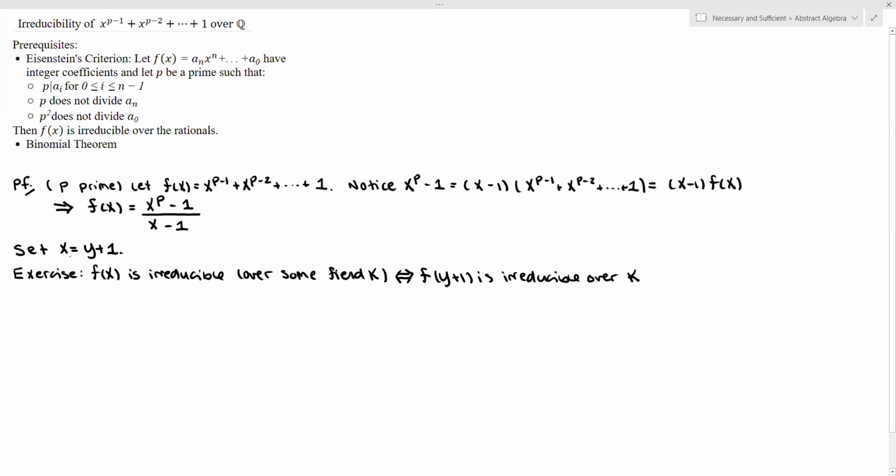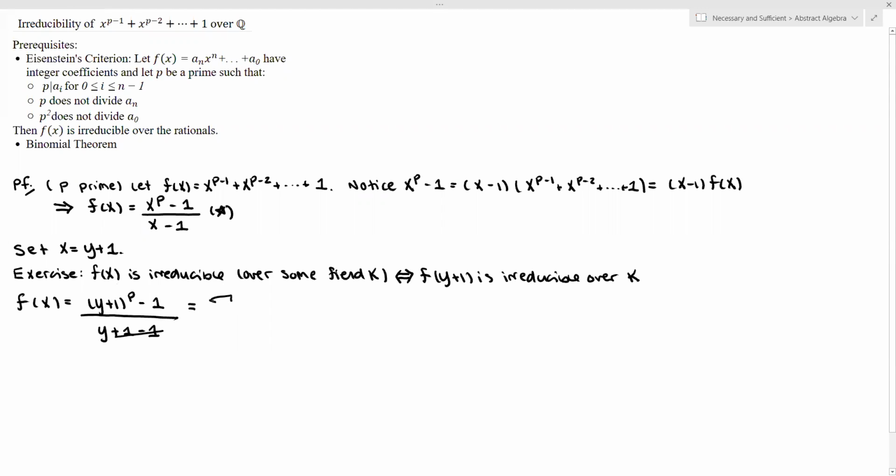So with this in mind, we're going to set x equal to y plus 1. Then f of x is equal to y plus 1 to the power of p, I'm just making a substitution in star up here, minus 1 divided by y plus 1 minus 1. So these ones cancel. And this is now where we're going to use binomial expansion. So we have y plus 1 to the power of p.